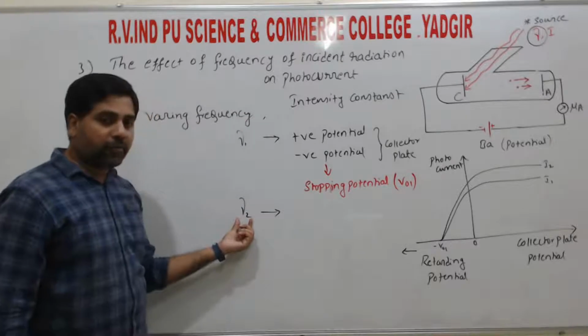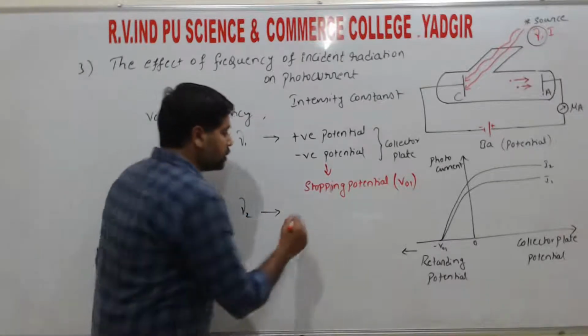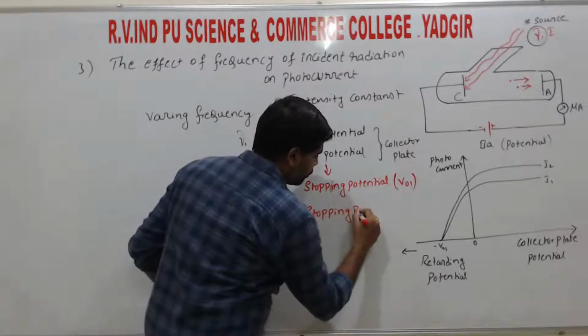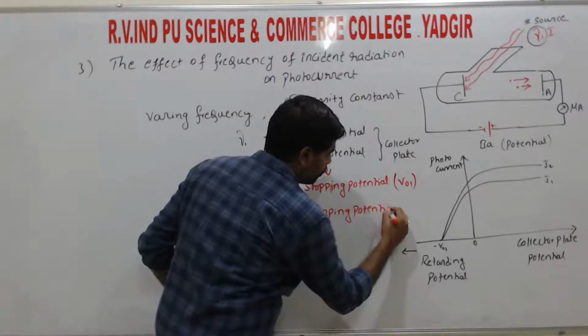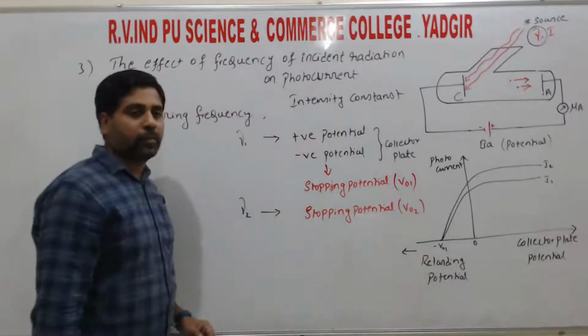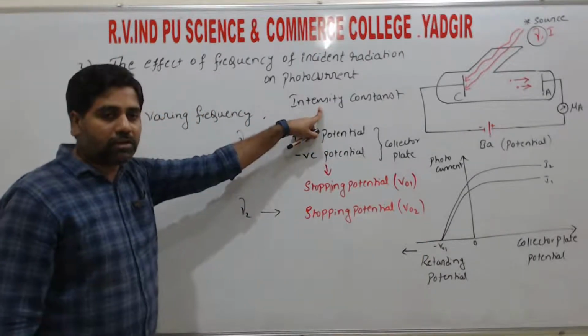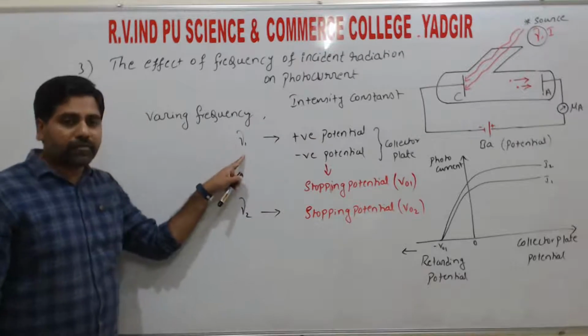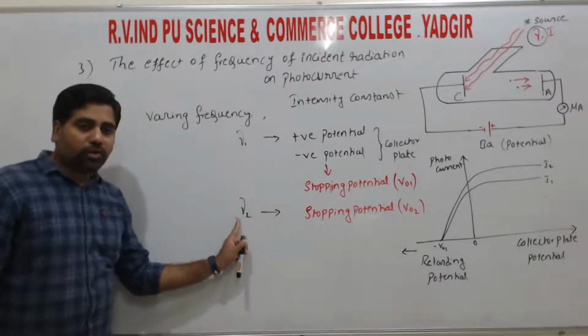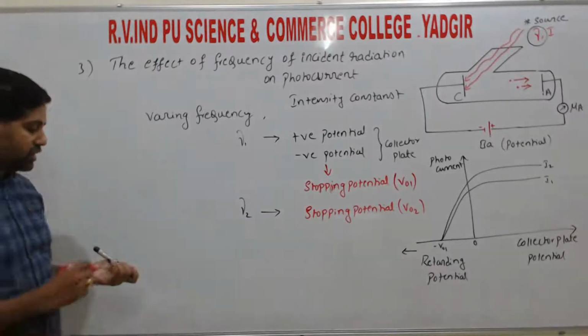Next, for frequency 2, we get the stopping potential V02. We are keeping the intensity constant just by varying the frequency of the incident radiation. Nu1, nu2, where nu represents the frequency.